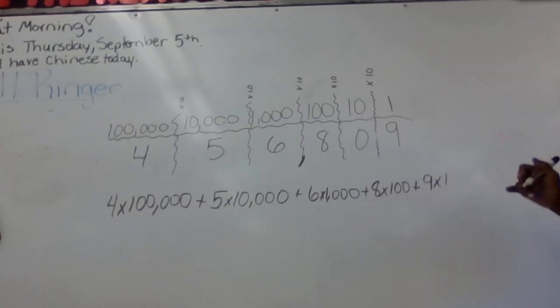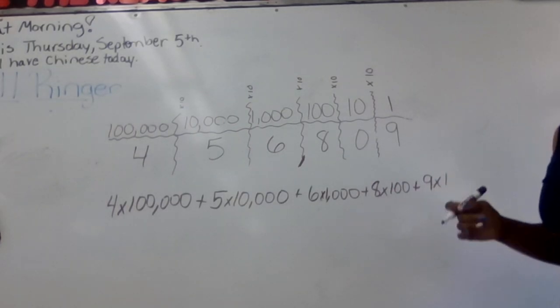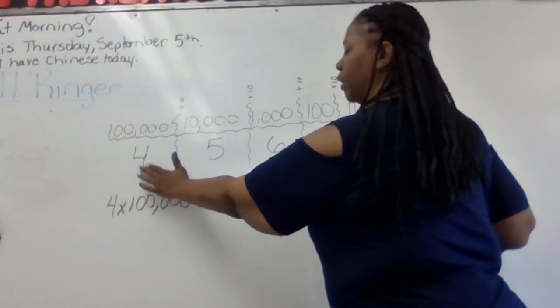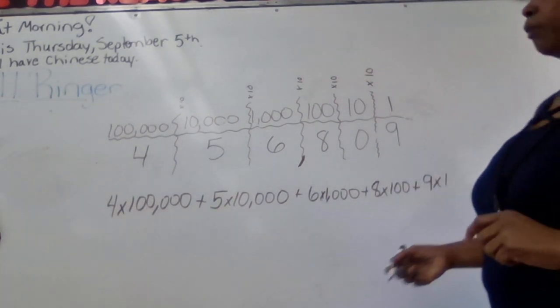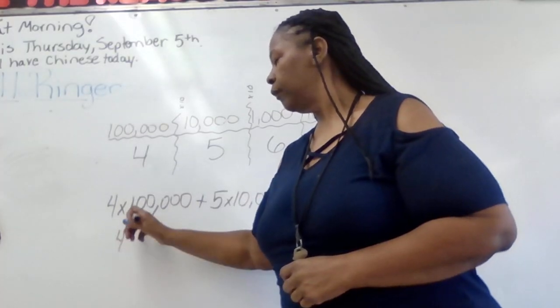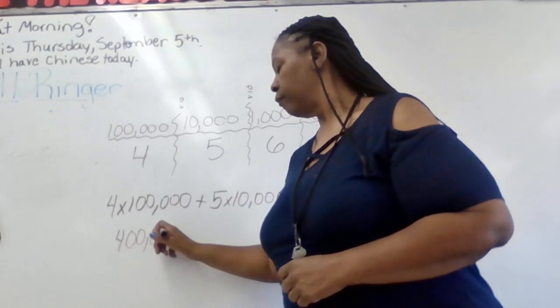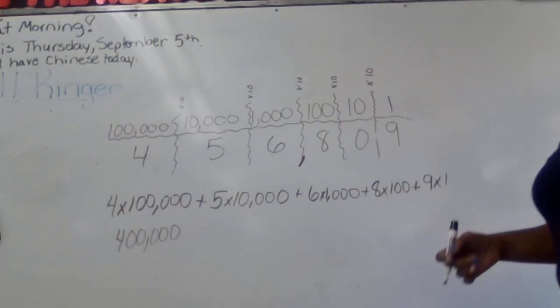Now, I told the students the reason why they have expanded form is because it shows the value of each individual digit. Even though this is 4, we know this is worth 400,000. How do we know that? Let's prove it. 4 times 1 is 4. All these other zeros stay in this place. So 4 times 100,000 is 400,000.